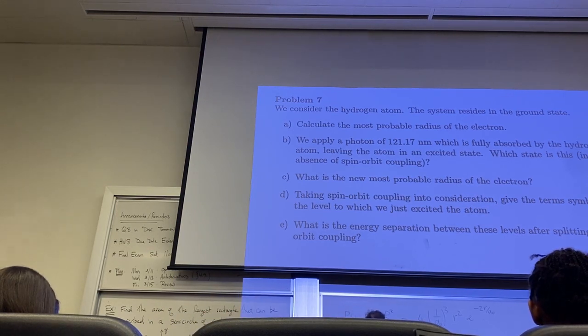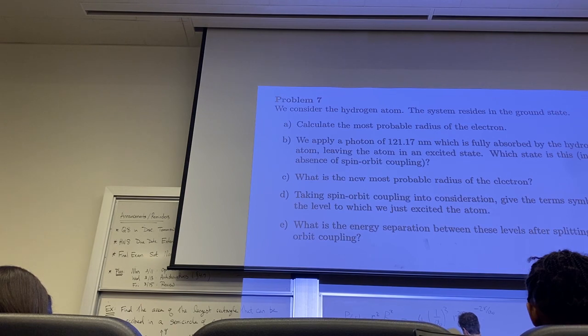If I do that correctly, you'll be getting this. And that should be equal to 0. Oops. I made a mistake. It's r divided by a0.